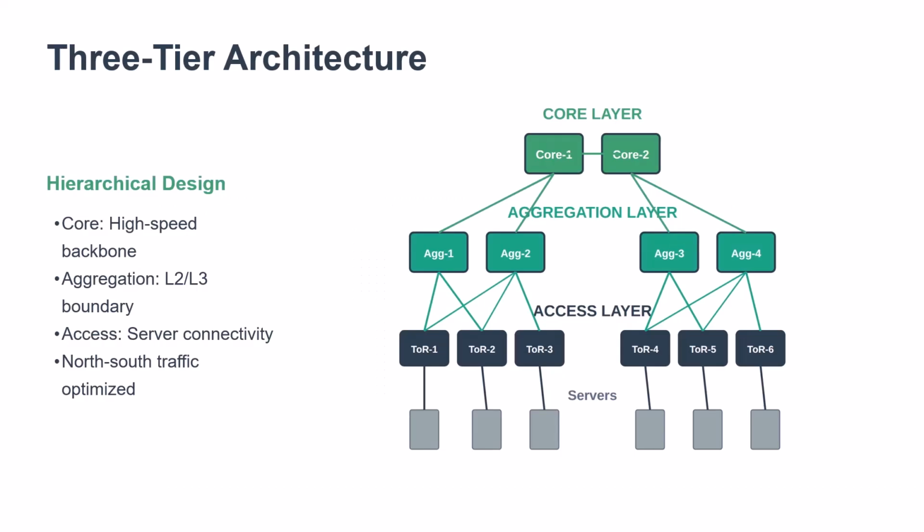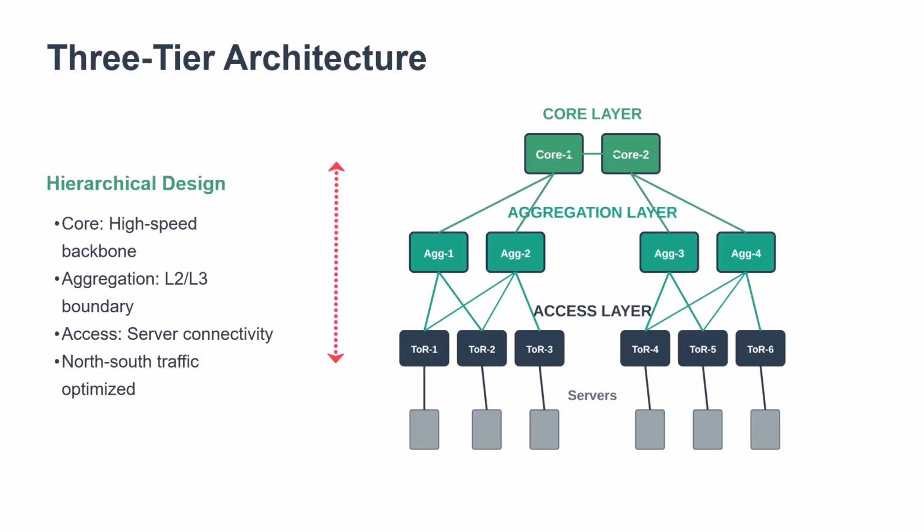Traditional data center architectures follow a hierarchical multi-tier design, typically consisting of three layers: the access layer, the aggregation or distribution layer, and the core layer. Think of it like a pyramid where traffic flows up and down through these distinct layers.